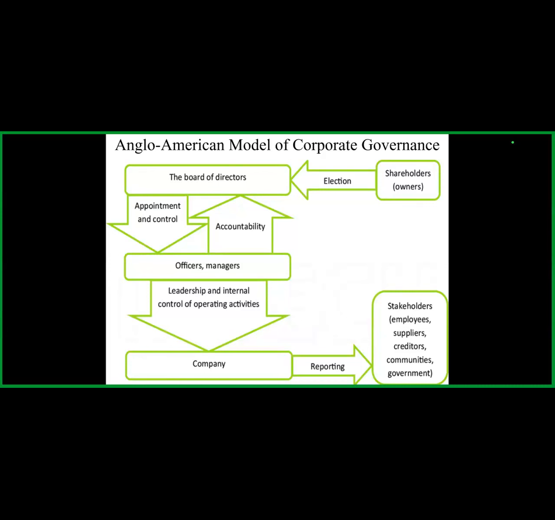Now, the board of directors appoint the senior executives of the company, and in return, they expect accountability from these officers and managers.